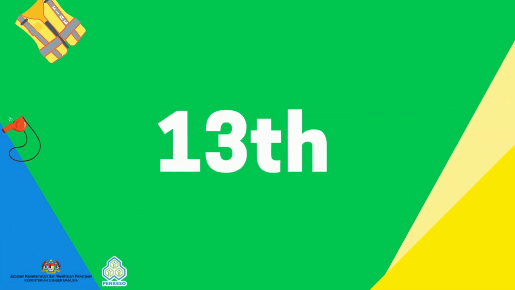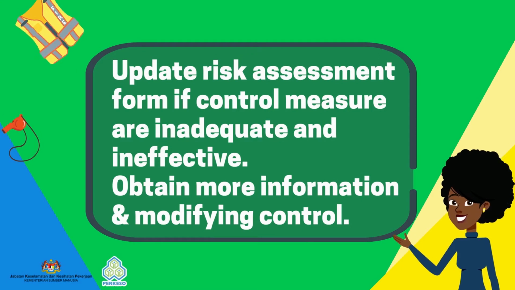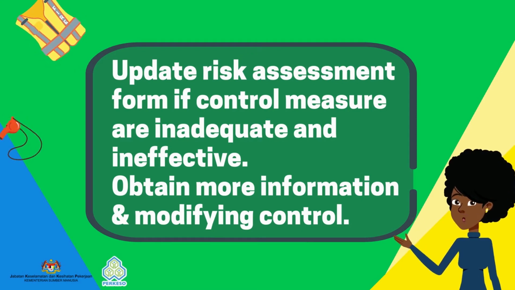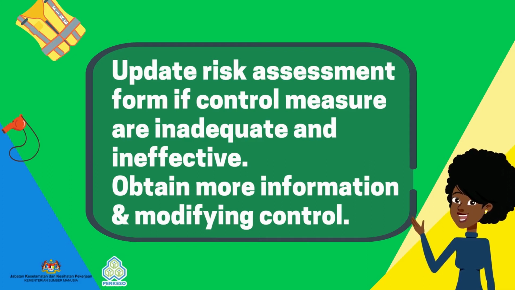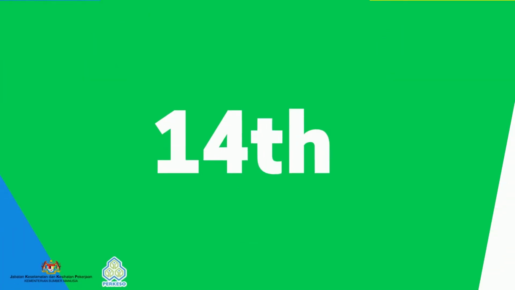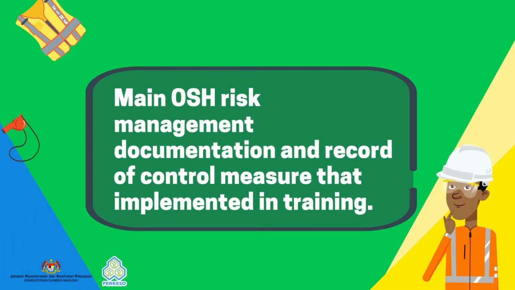To update the risk assessment form if the risk control measures are inadequate and ineffective after the implementation, by obtaining more information and or modifying controls. To maintain OSH risk management documentation and to record control measures, SWP and training that were implemented.